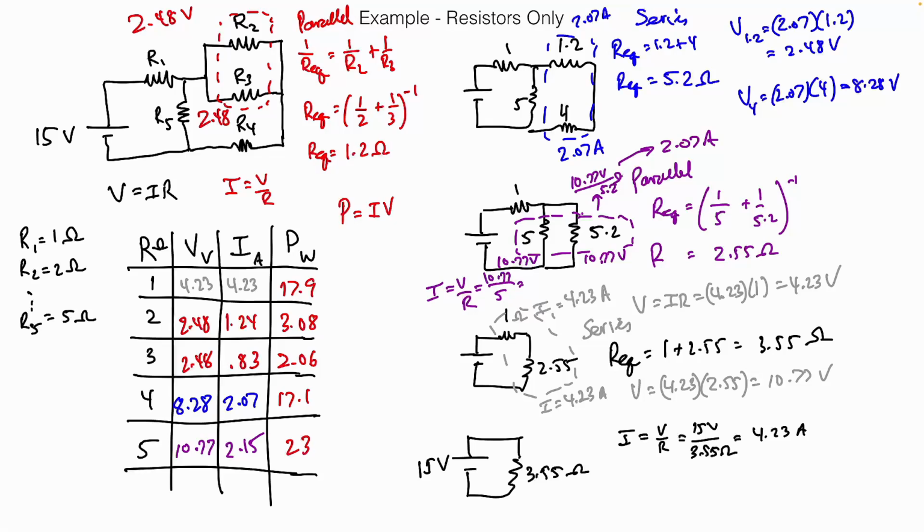How do you check? Just take a guess, what do you think all the voltages should add up to? What do we start with? 15. Shouldn't the voltages all add up to 15? No, they don't, because 10 plus 8.